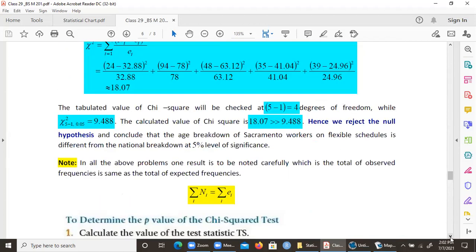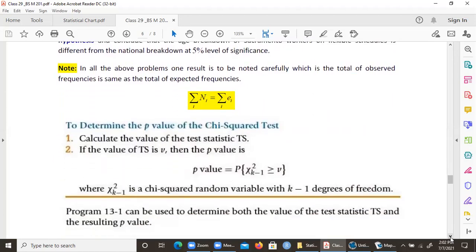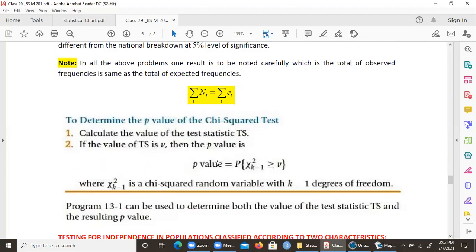We calculate the test statistic, and then we calculate the p-value with the help of the given formula. So if you want to do the manual calculation using the chart, this is the formula for calculating the p-value of the chi-square test. This particular thing I have taken as an image from a particular book, and I have pasted it over here.